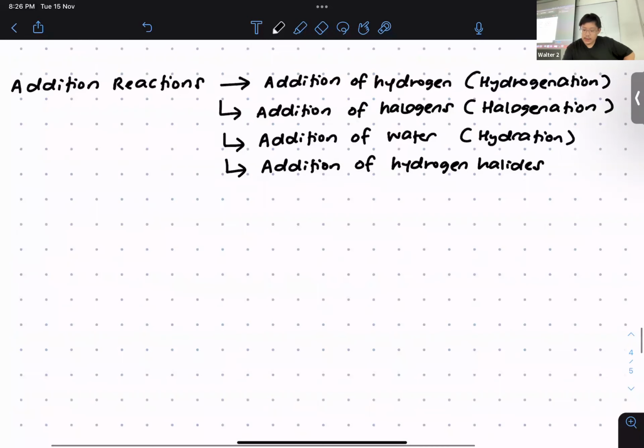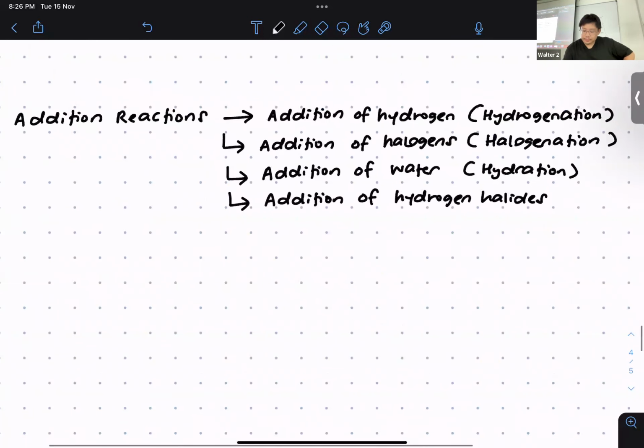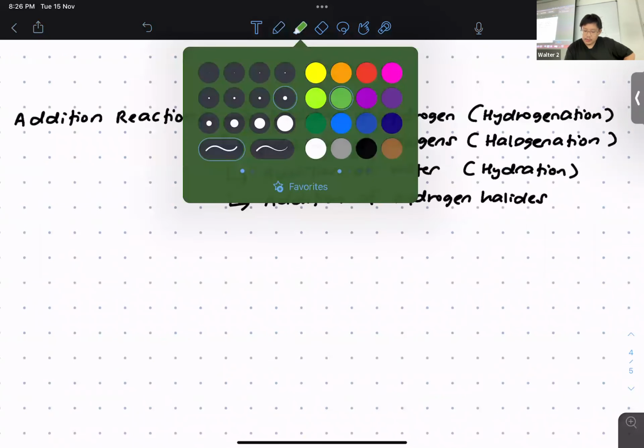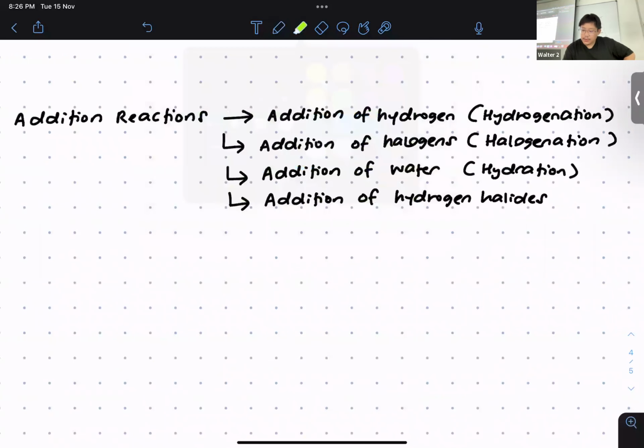So these are the four main types of addition reactions in alkenes.